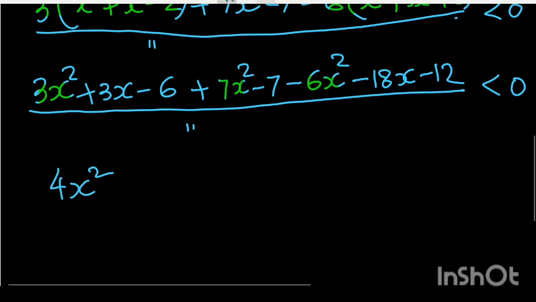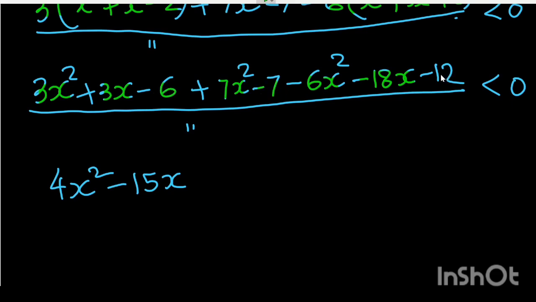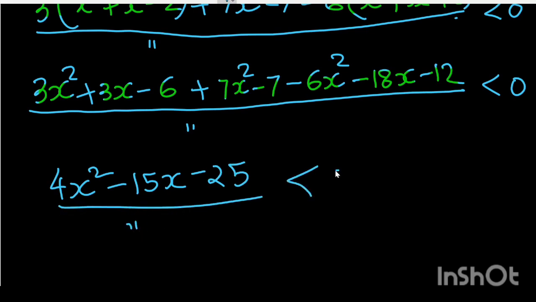Followed by 3x when it is added to minus 18x, it will give 3 minus 18, minus 15x, now followed by minus 6 minus 7, which is minus 13, minus 13 minus 12, all the negative terms are added, which gives minus 25, upon all the three factors, less than 0.